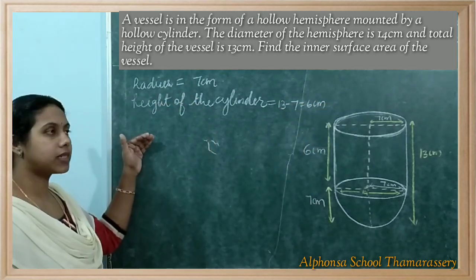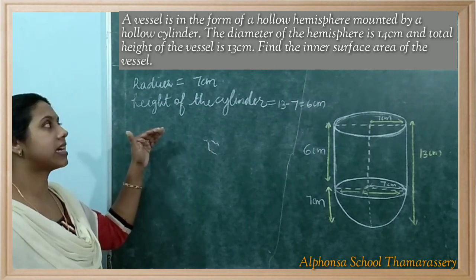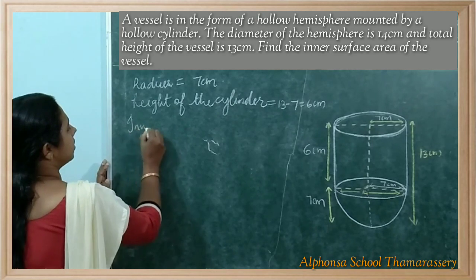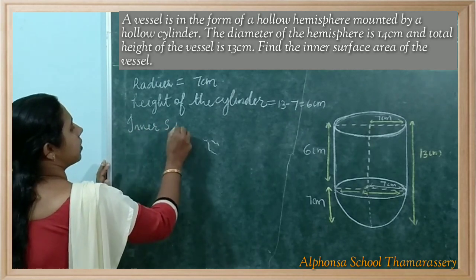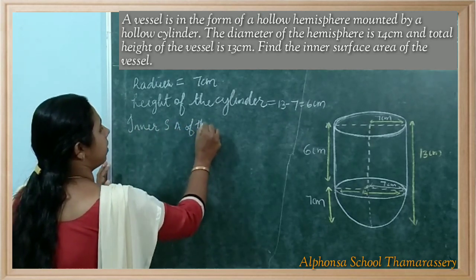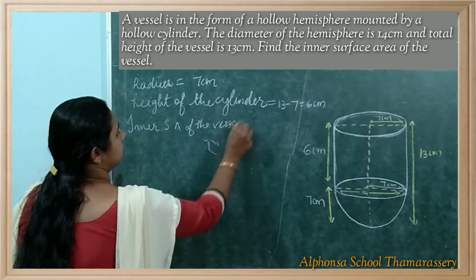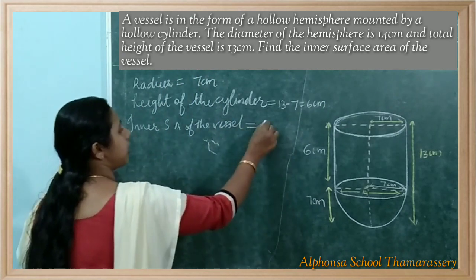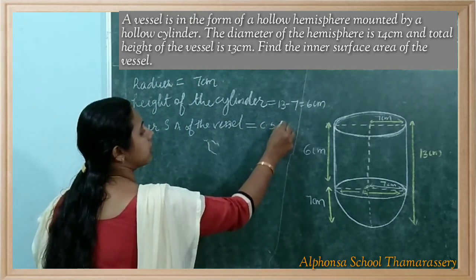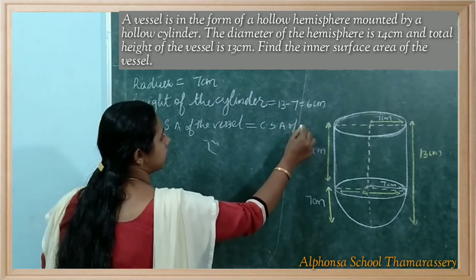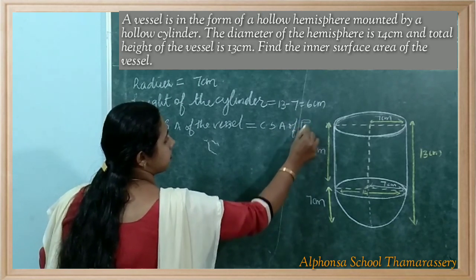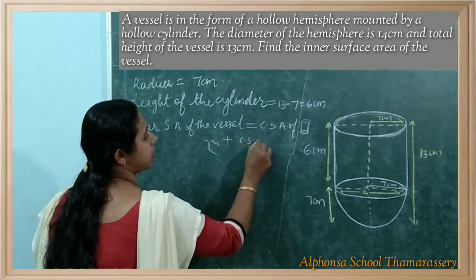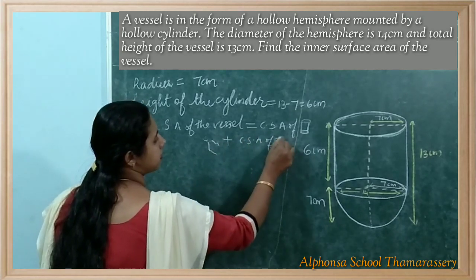So the inner surface area of the vessel is equal to the inner curved surface area of the cylinder plus the inner curved surface area of the hemisphere.